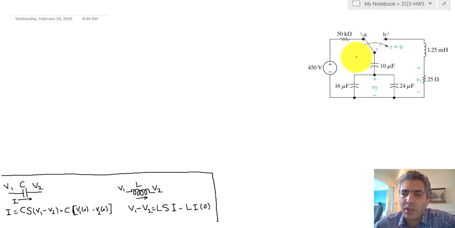So before that, if the switch has been in the position A for a long time, we know that the equivalent capacitor, or these capacitors, basically all turn into open circuit.